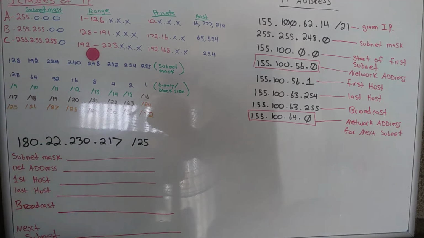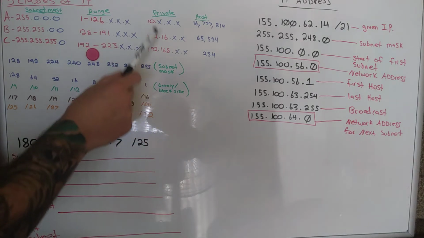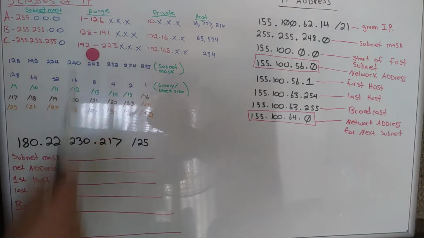So Class A private IP addresses, mainly used in bigger corporations or for ISPs, Internet Service Providers, is 10 dot whatever whatever whatever.